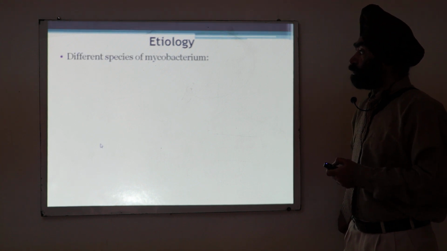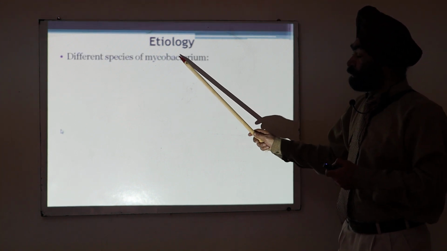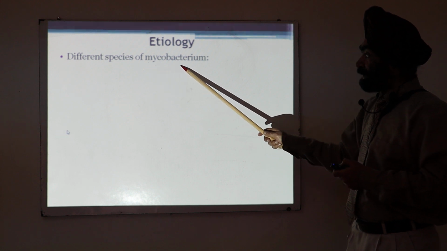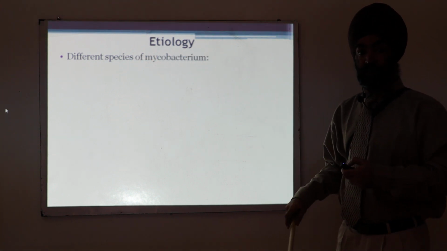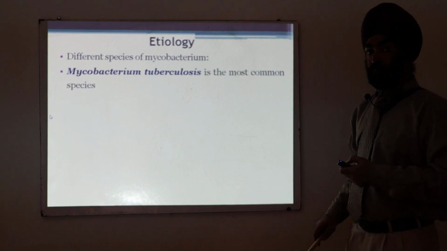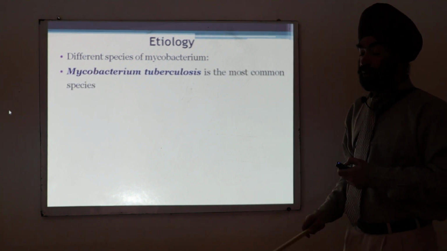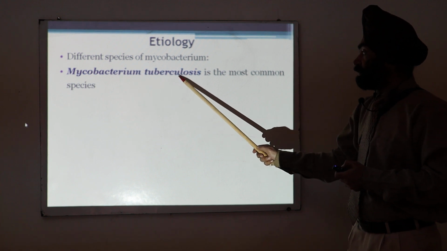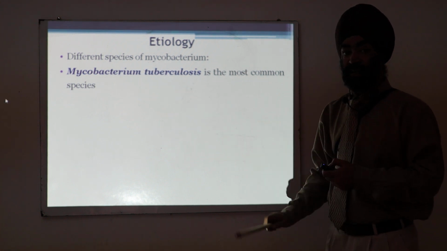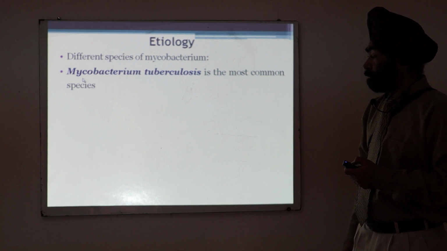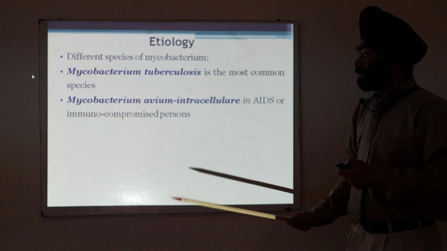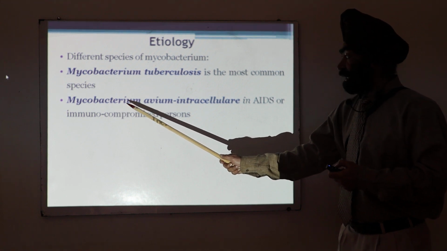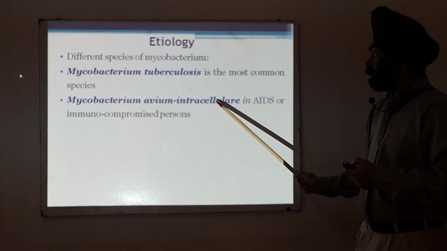Etiology. As I told, the infection is caused by mycobacterium. There are many species of mycobacterium which can produce tuberculosis. The most important species, which I already told, is Mycobacterium tuberculosis, the most common species causing tuberculosis. But there is another species called Mycobacterium avium intracellulare.